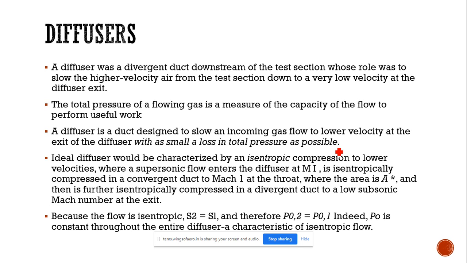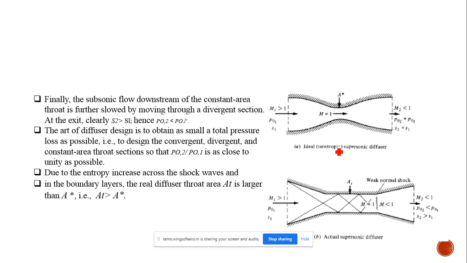But we can't design an ideal diffuser. See here, this is the actual supersonic diffuser, but this ideal supersonic diffuser we can't design for supersonic wind tunnels or supersonic aircrafts. So we'll be having this type of diffusers only.